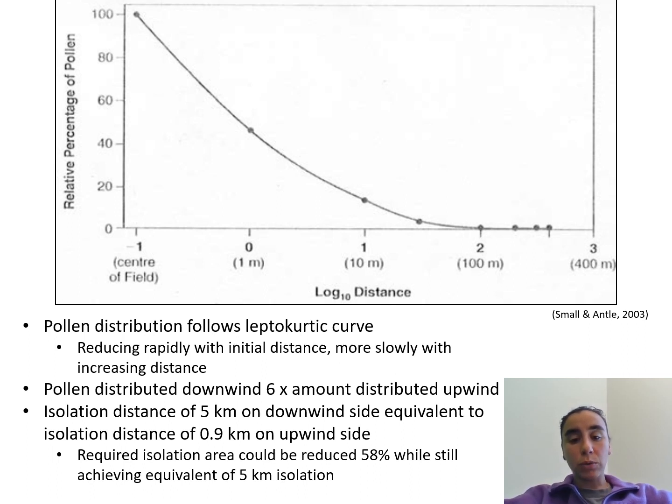But an isolation distance of 5 kilometers on the downwind side was equivalent to an isolation of less than 1 kilometer on the upwind side. So if we're looking at wind movement patterns, that isolation area of 5 kilometers could actually be greatly reduced. You wouldn't need to be isolated 5 kilometers on all sides from hemp production for grain. That's an interesting thing to take note of.